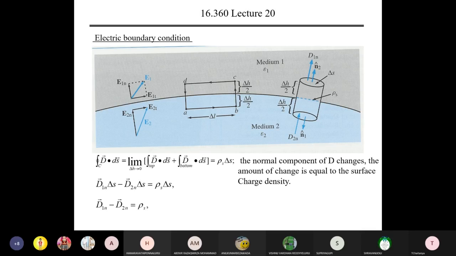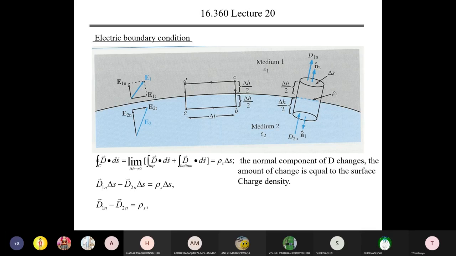In the top end also we can have the normal and tangential values, that is D1n as well as D2n. So this electric flux density formula can be applied for the top end as well as the bottom end of my cylinder.